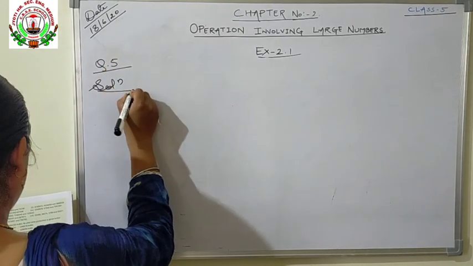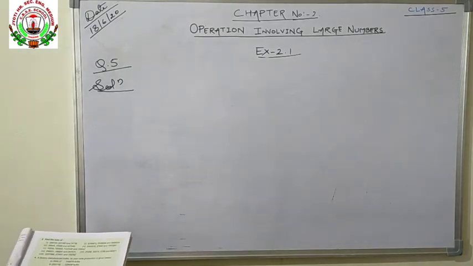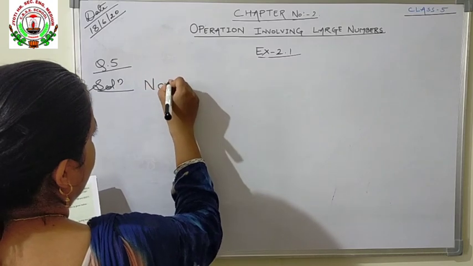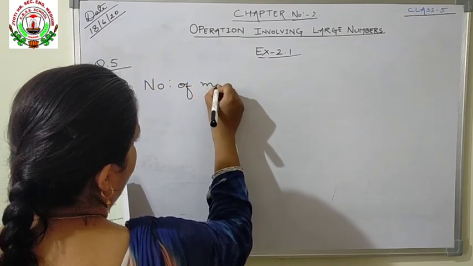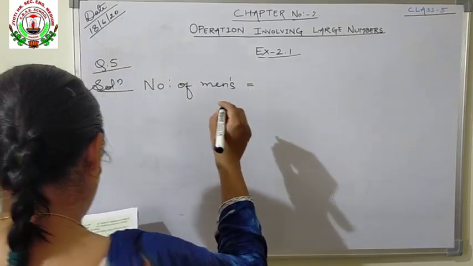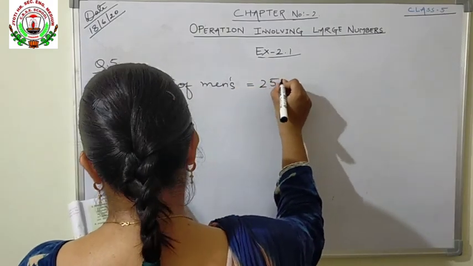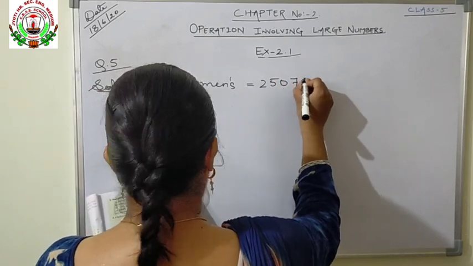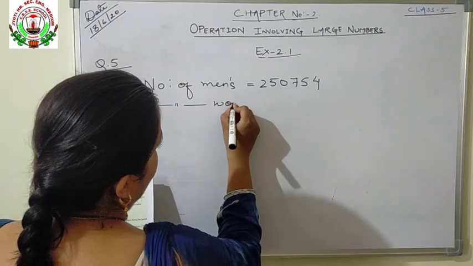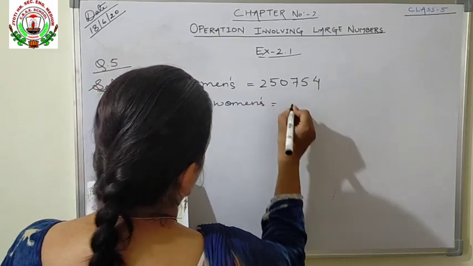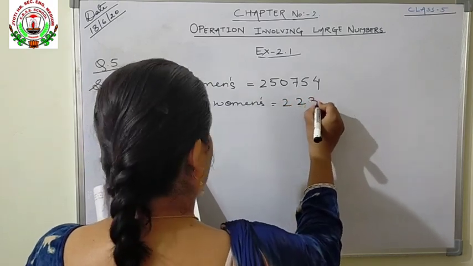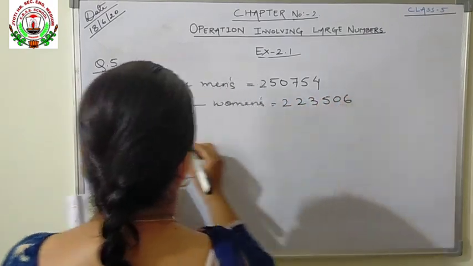So, how many men are there? You will write number of men is equal to 2,50,754. Number of women is equal to 2,23,506.